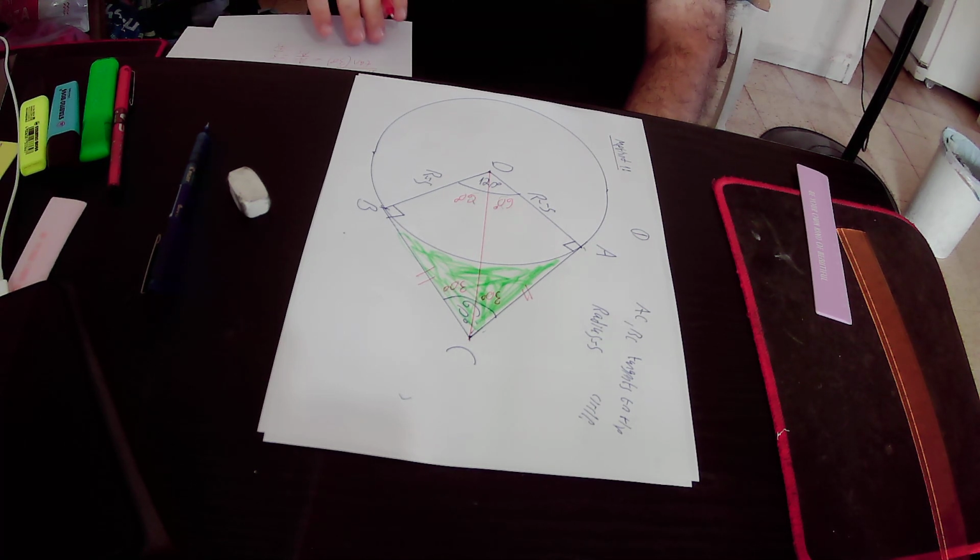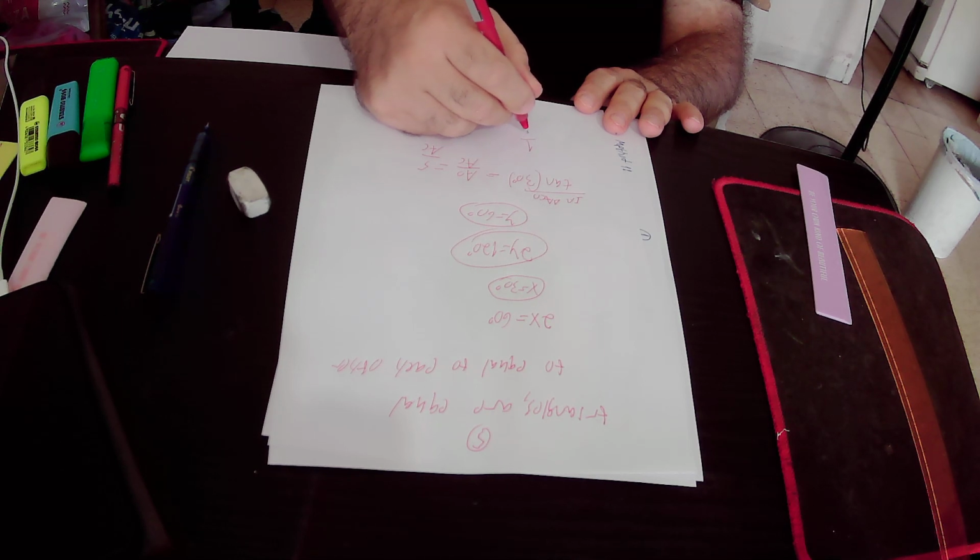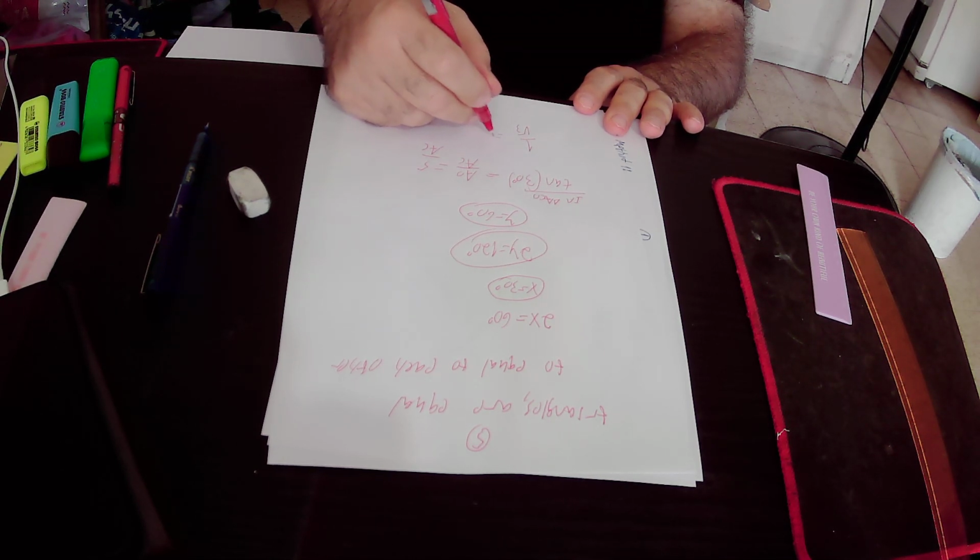The value of tangent of 30 degrees is 1 over root 3. So we substitute tangent of 30 degrees by 1 over root 3, which equals 5 over AC.